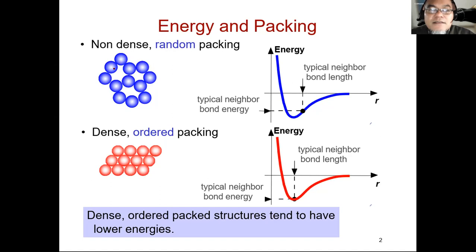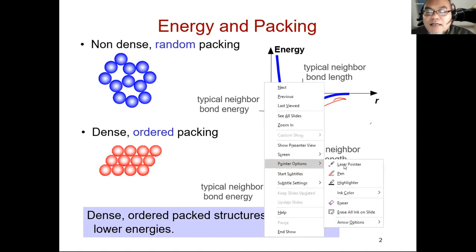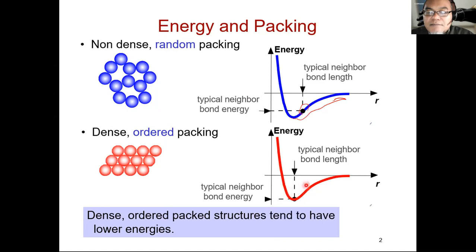When it still has some spaces, non-dense, then it is still in this region where the attractive force may still occur to make it more stable. Only when they are in the middle of this region of the energy-distance plot is it the most stable configuration of the material.